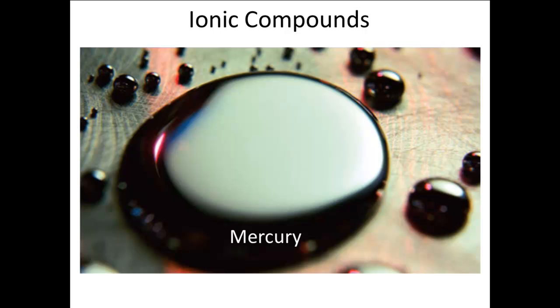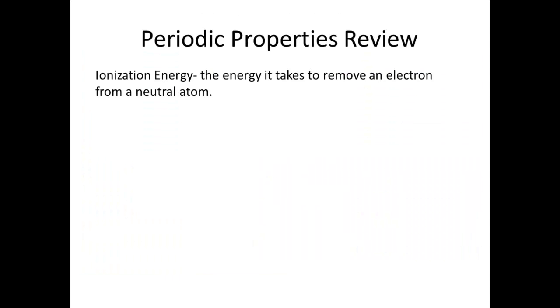A quick review of the periodic property ionization energy should remind us why. Ionization energy is the energy we need to remove an electron from an atom. This is energy we need to add to the atom to pull the electron away because it is attracted to the nucleus.